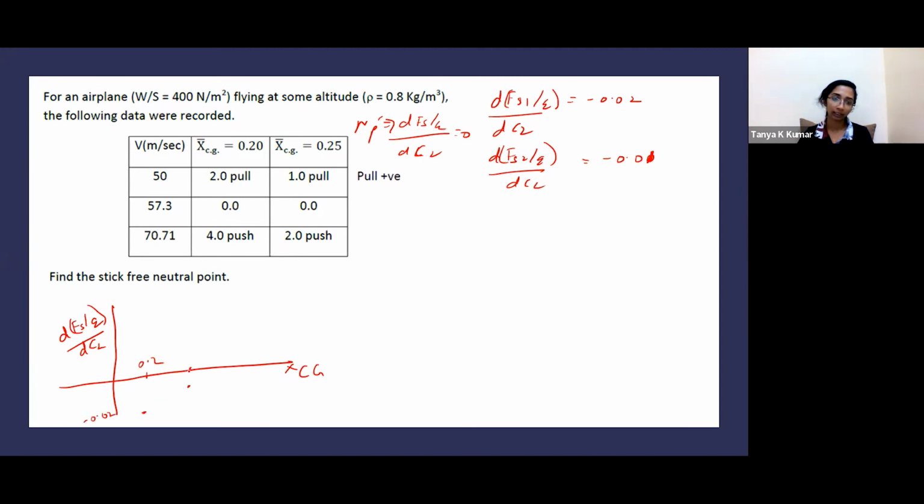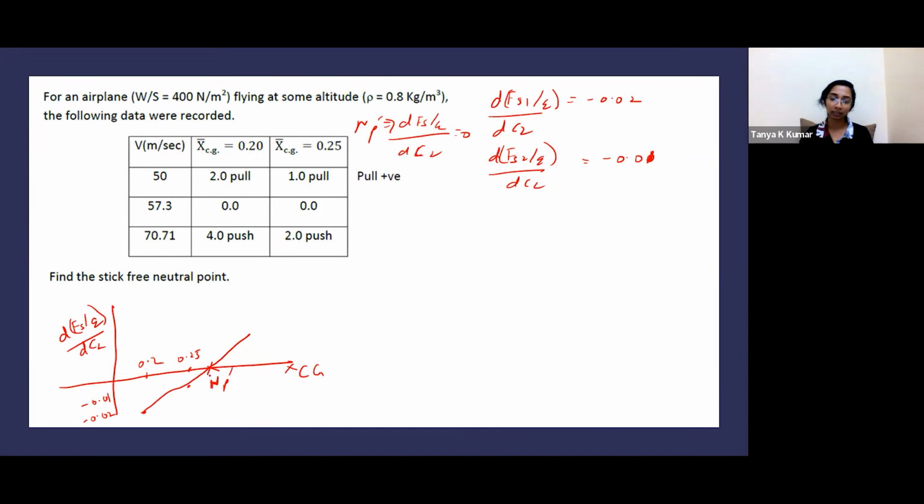Next, your XCG was 0.25 and your slope was minus 0.01. So we join these lines, extrapolate to find this point where your dFs by Q by dCL is 0. So this CG value at this point gives you your neutral point. This is the stick-free neutral point.